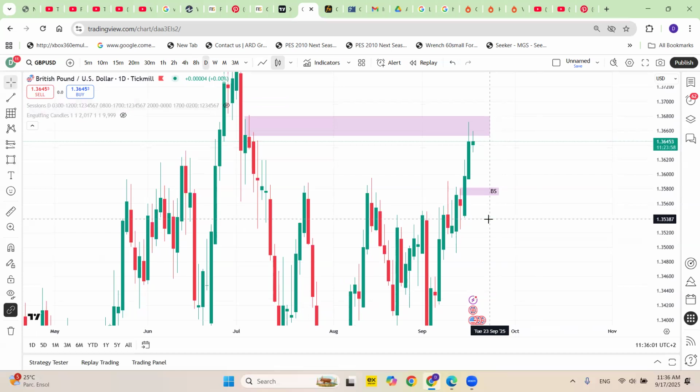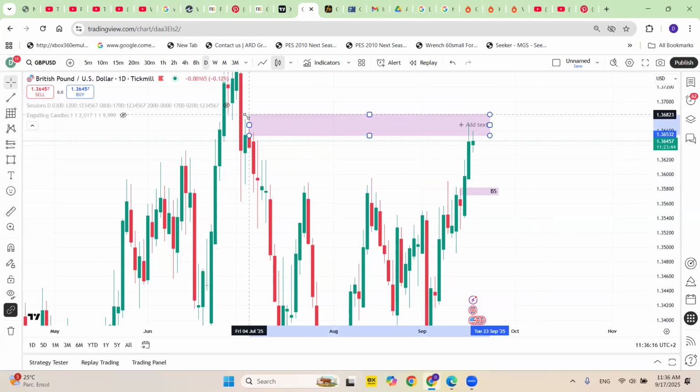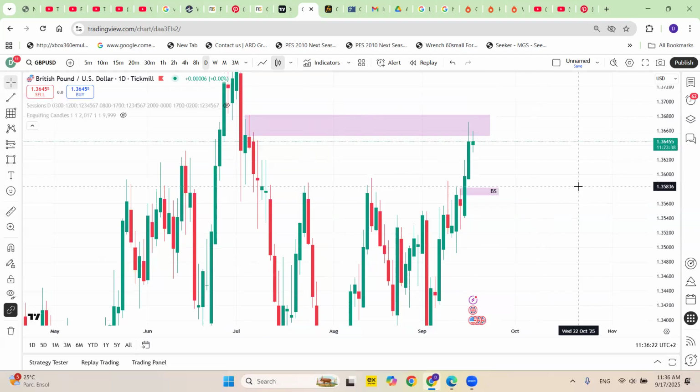I spotted this blind spot on Monday, but I was expecting the market to come back and react from the blind spot before pushing to that strong supply zone or danger zone. But in this sense, the market is already in a danger zone. So if the market should reject down, do you think the blind spot is going to hold?